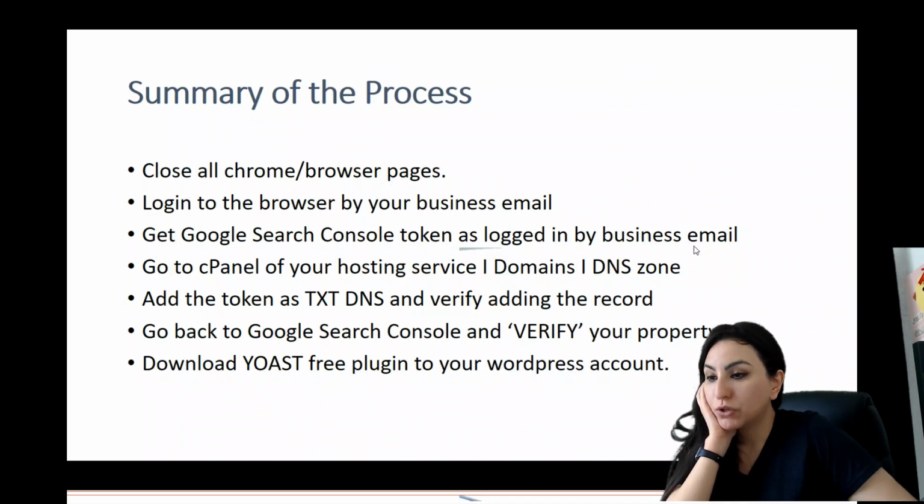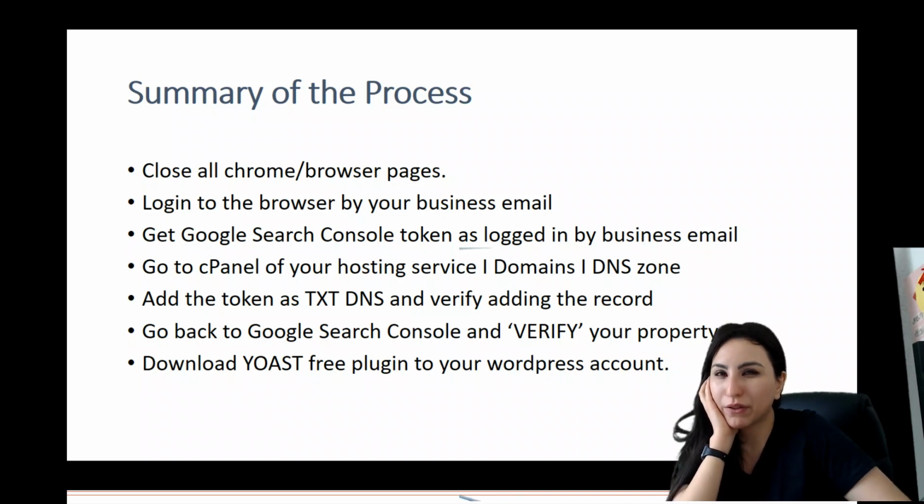So what you need to do is copy this token and go to your control panel on your hosting service, go to domains, and go to your DNS zone. Maybe you need to go to the advanced settings or something like that, and from there you can go to domains and then get the DNS zone.